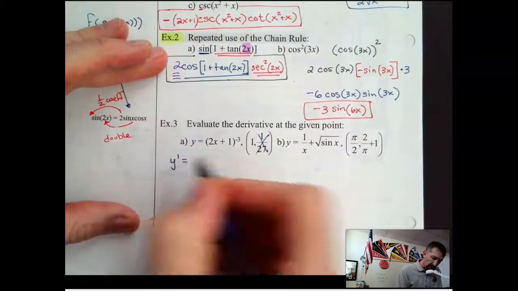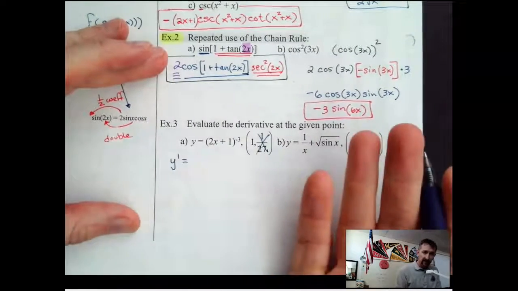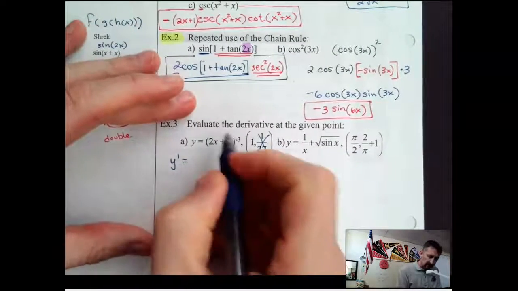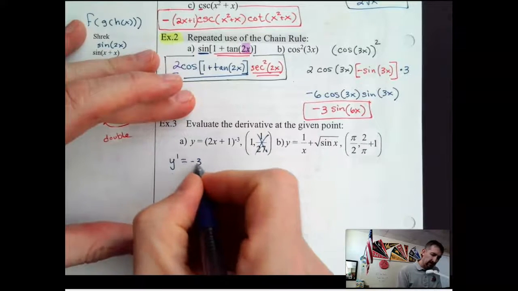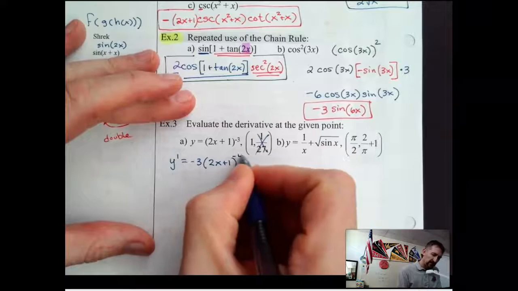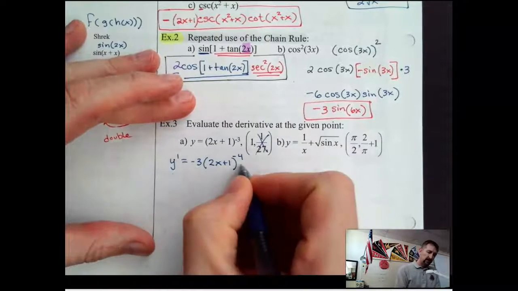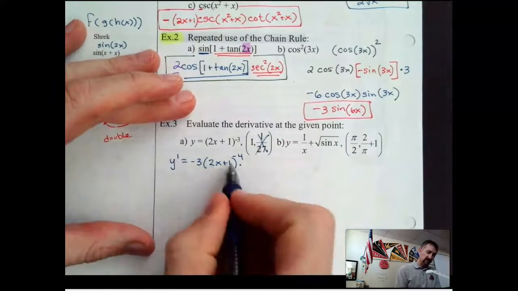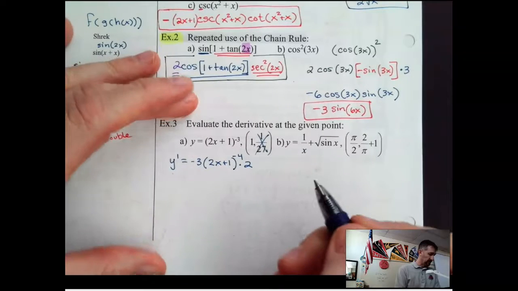So y prime, evaluate, so I need the derivative. Saying take the derivative. So the derivative of this is going to be negative 3, 2x plus 1, subtract 1 from the exponent, chain rule, times the derivative of the inside, which is 2.